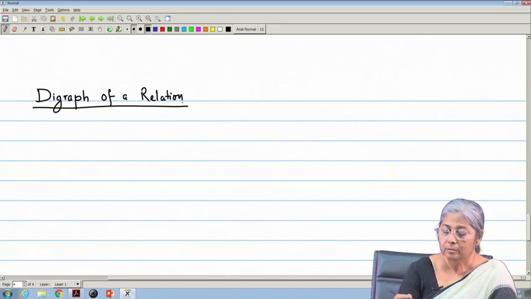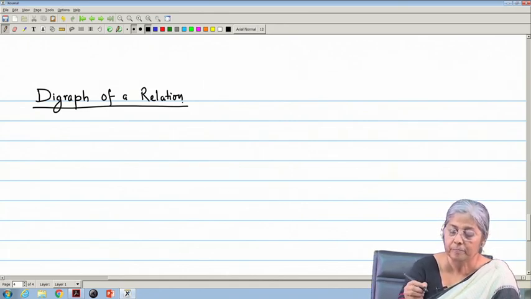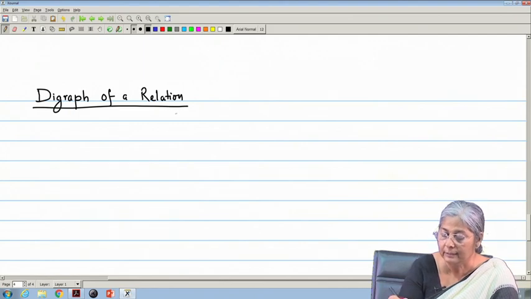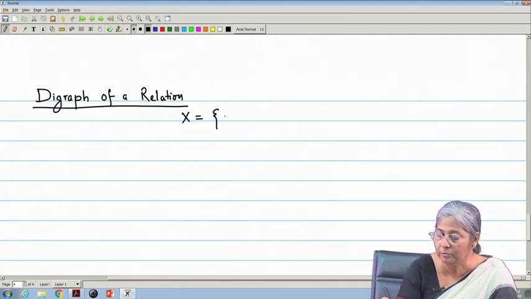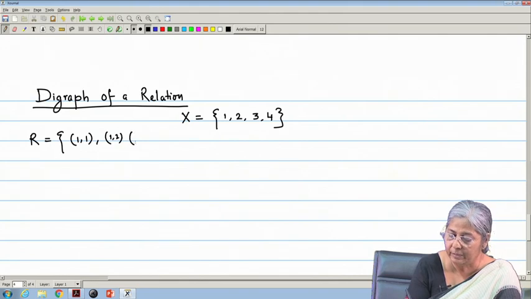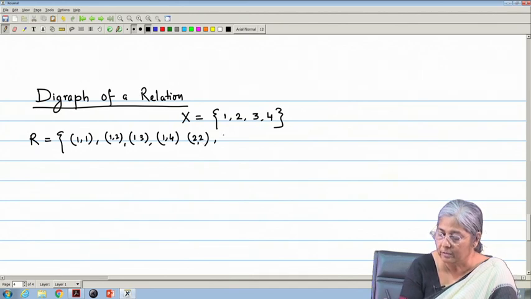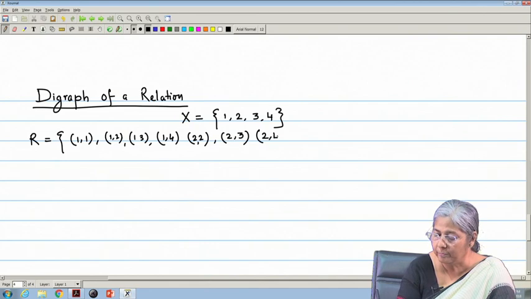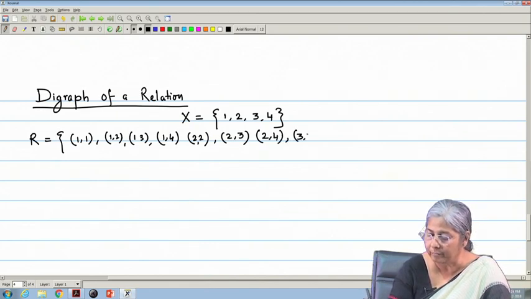So, if I consider that set, just now the example we have seen: the set X = {1, 2, 3, 4}, and the relation R we got: (1,1), (1,2), (1,3), (1,4), (2,2), (2,3), (2,4), and (3,4), (4,4).